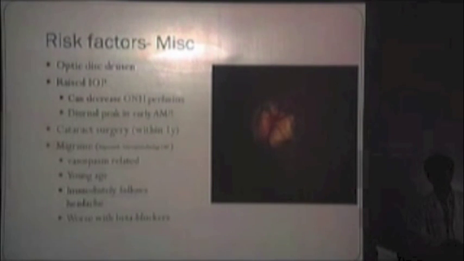Studies have shown that if you have had any kind of intraocular surgery, especially cataract surgery, the risk of having ischemic optic neuropathy increases in the first year, and nobody knows why. So if I have a patient with ischemic optic neuropathy who's got cataract in the fellow eye, I usually inform them that there is a theoretical increase in the risk of ischemic optic neuropathy.